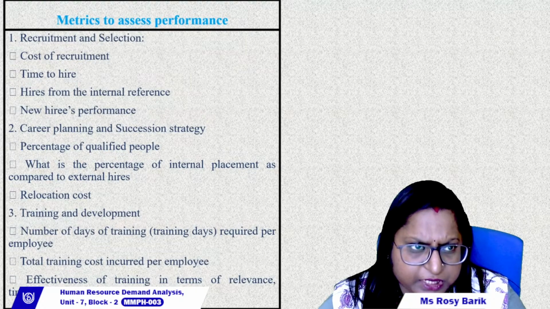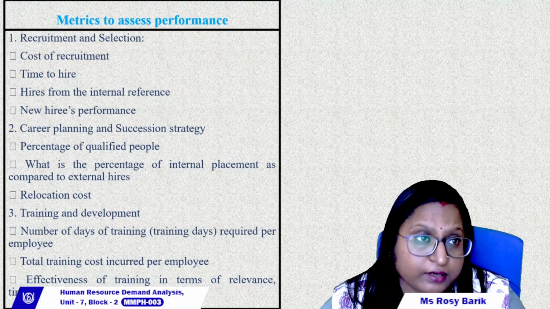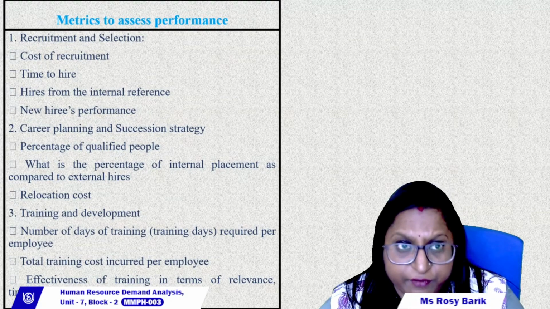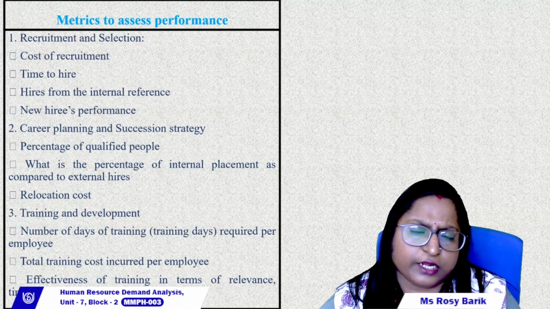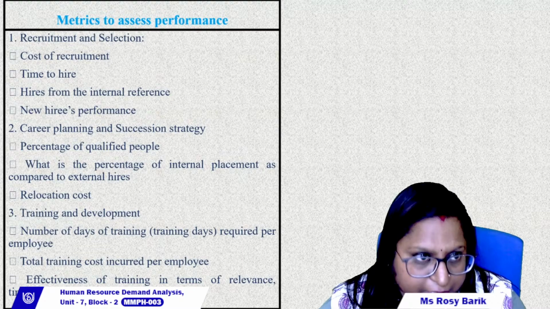The thing is the cost of recruitment involved, time to hire, the number of days required to hire, hires from internal references, or new hires' performance. First of all, the recruitment cost should be calculated, and at what time the recruitment will be done.